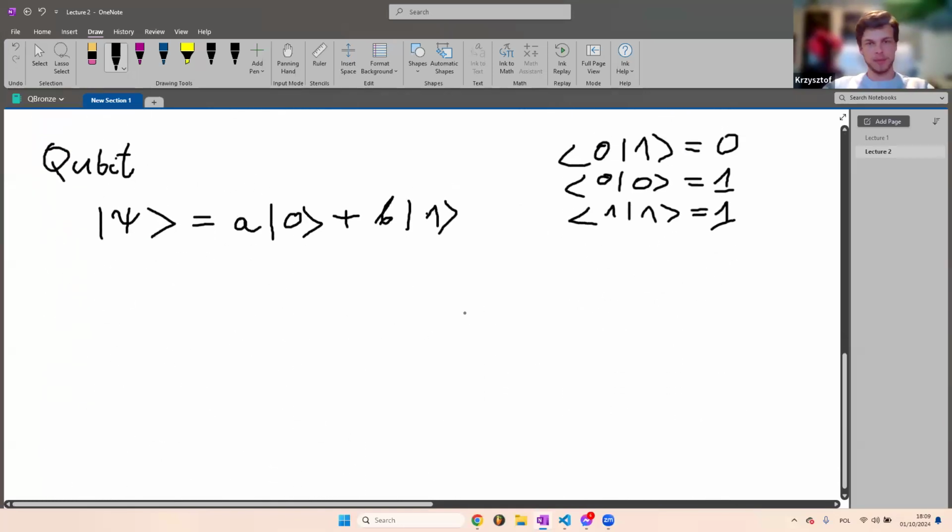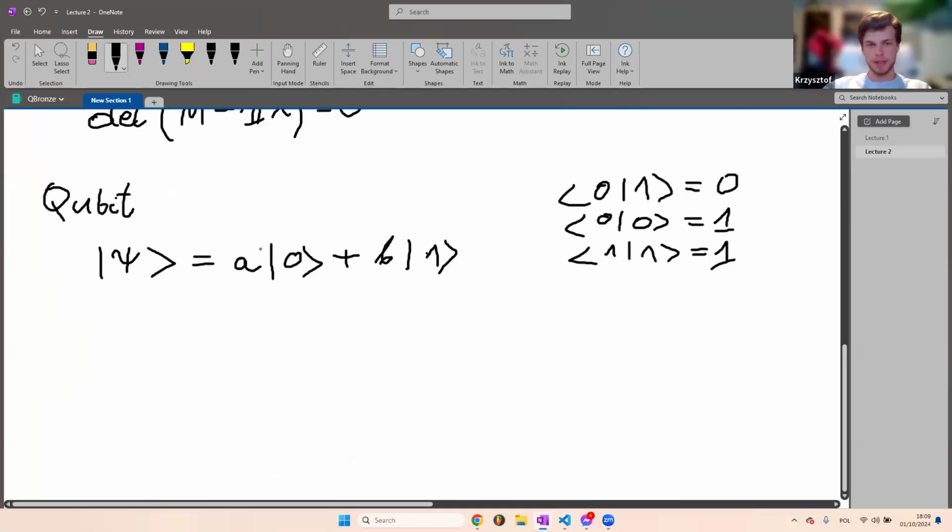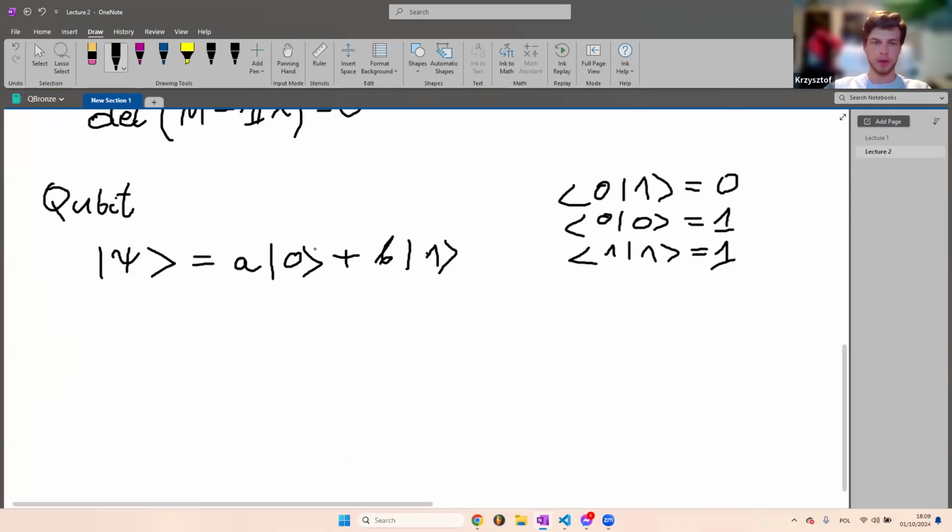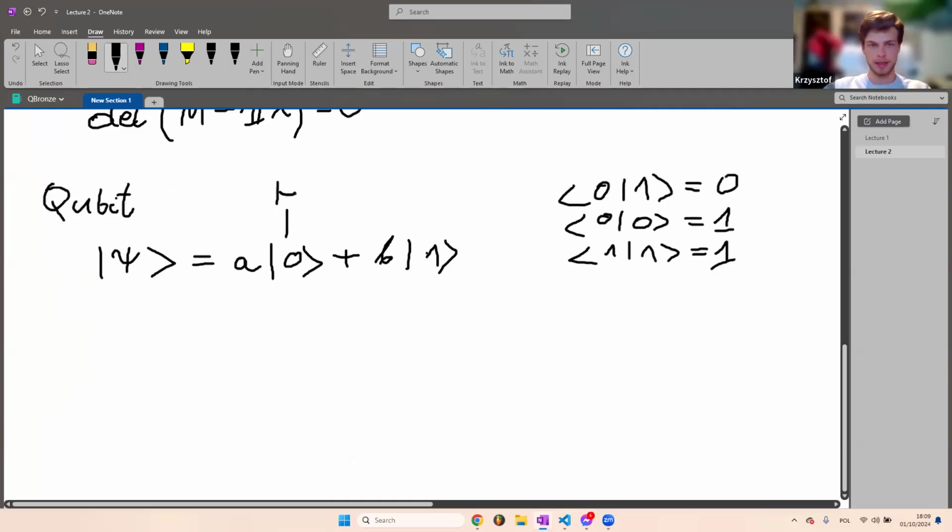So yesterday we talked about how our coin had a certain probability of being heads and some probability of being tails, and those numbers were given by the scalars in front.